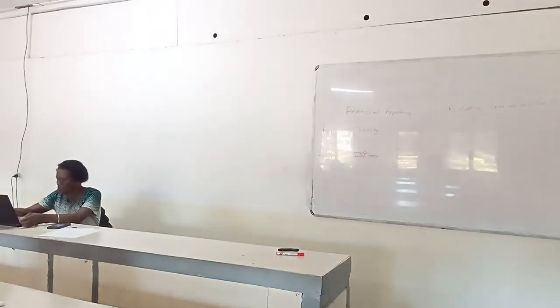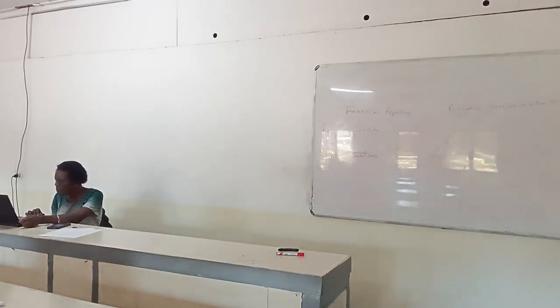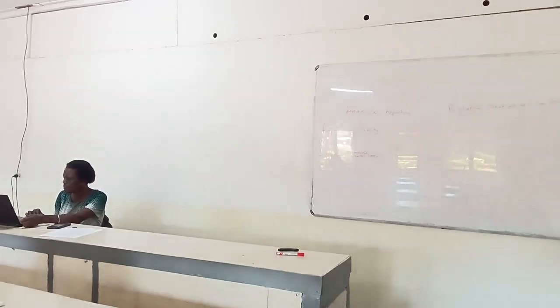What we are doing is the asset, then we will have the lease liability. So this is how it is supposed to be. If you use the debit side, you follow it as an increment in an asset.